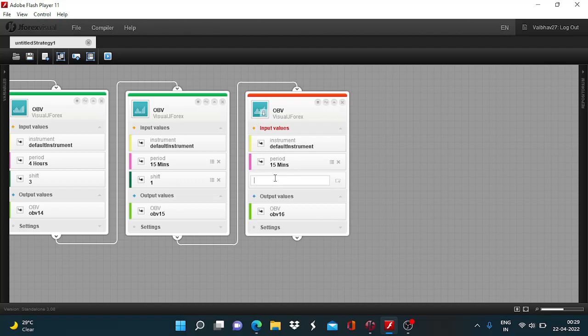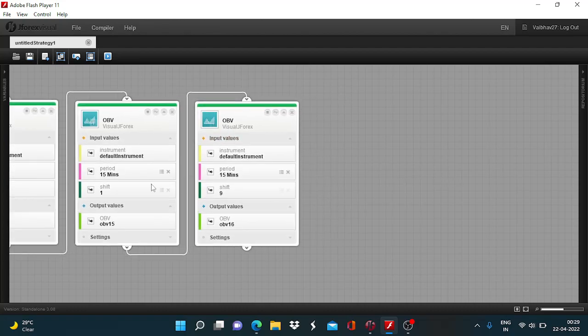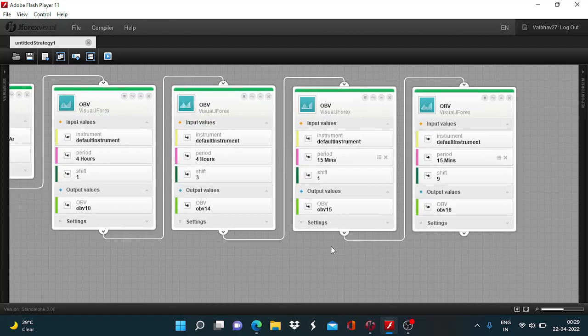And we will have 8 blocks of 15-minute each interval. So I will have to take the look back period of 9.